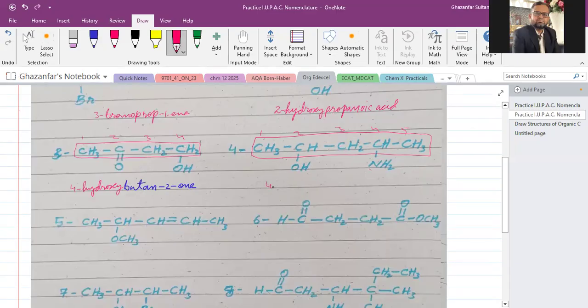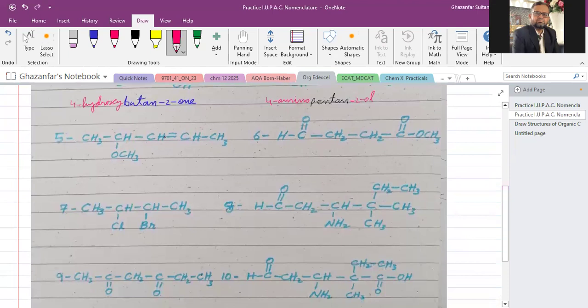So the name is 4-amino, and carbon chain is pentane. Omit the E and write the suffix of the compound. So this is 2-ol. So the name of the compound is 4-aminopentan-2-ol.